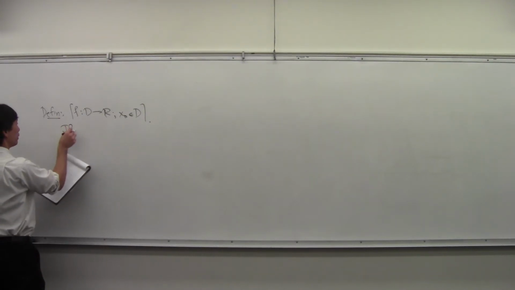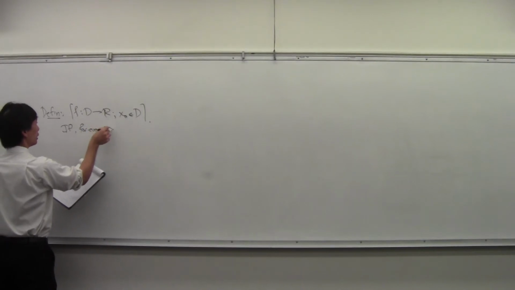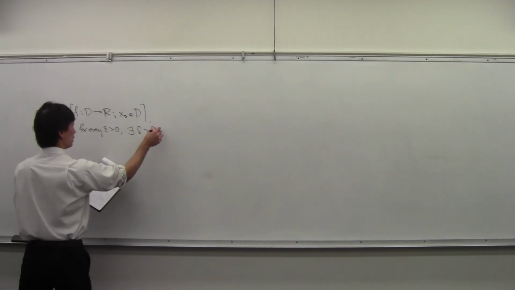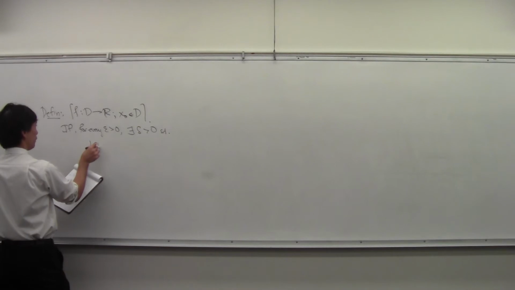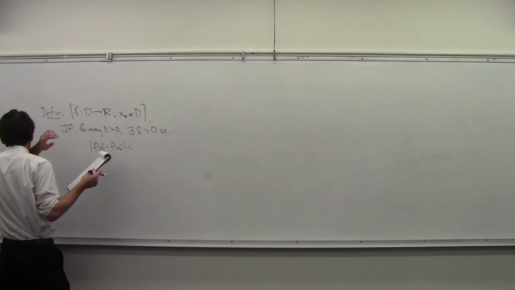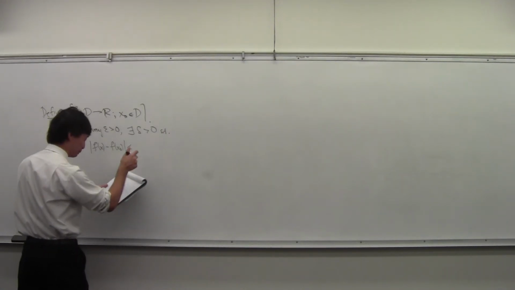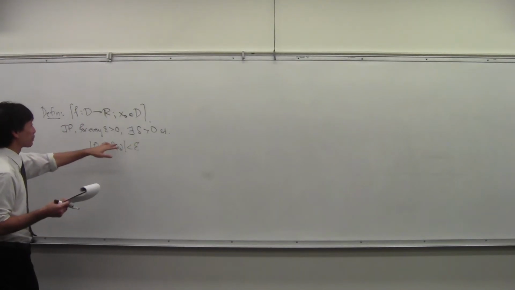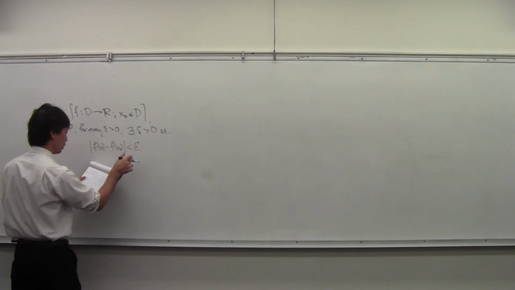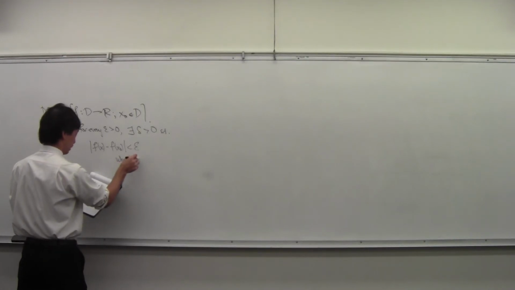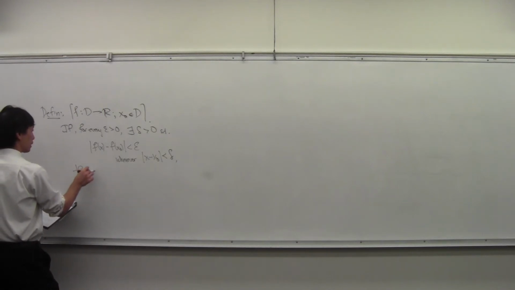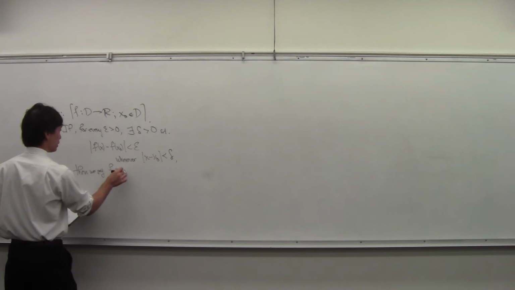If for every epsilon greater than 0, there exists a delta greater than 0 such that the distance between f(x) and f(x_0) is smaller than epsilon whenever |x - x_0| is less than delta, then we say f is continuous at x_0.